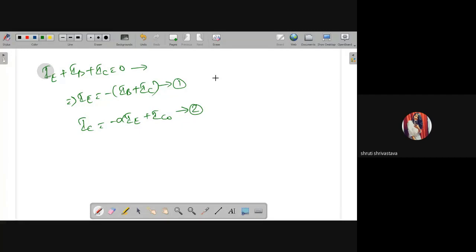Before that, you need to know what actually this formula IC is equal to minus alpha IE plus ICBO is.